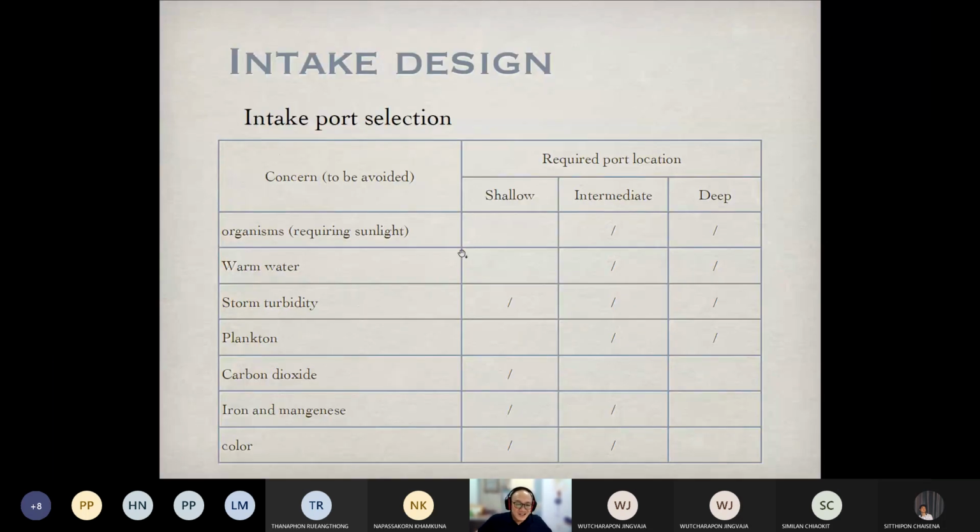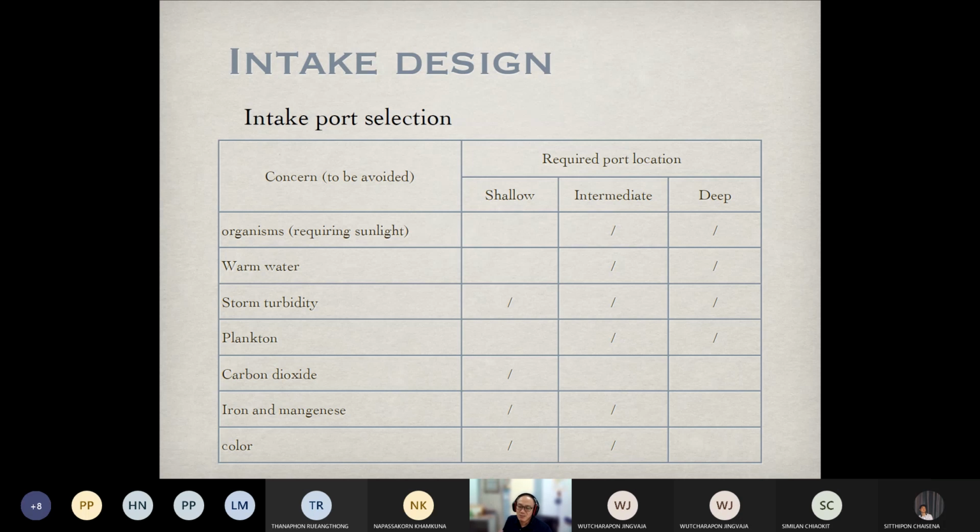If you are concerned about the organisms, you should take the intermediate ports or the deep ports. If you want to avoid the living organisms, we need to withdraw the water from the intermediate and the deep ports. If we want to avoid warm water, we need to take the water from the intermediate and the deep ports. Storm turbidities, anyway, happen once in a while, so it doesn't matter for the storm turbidity.